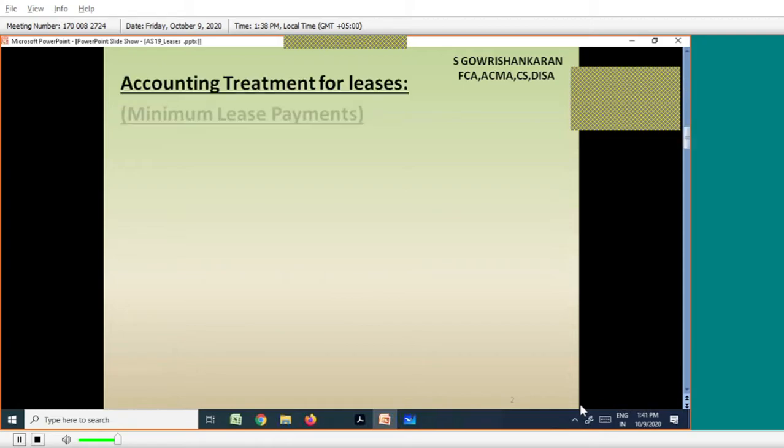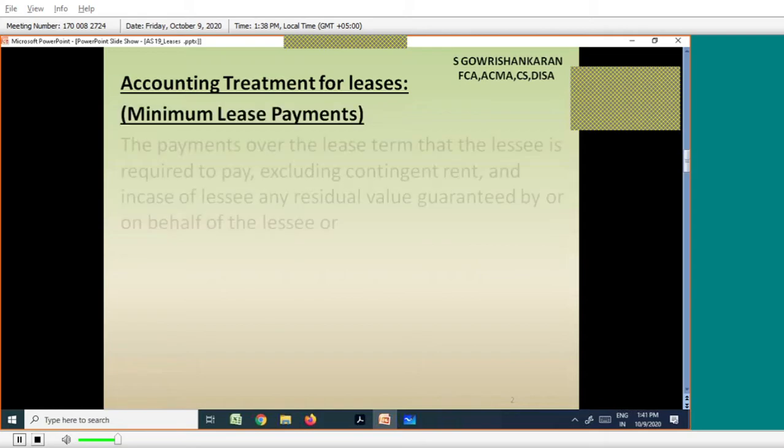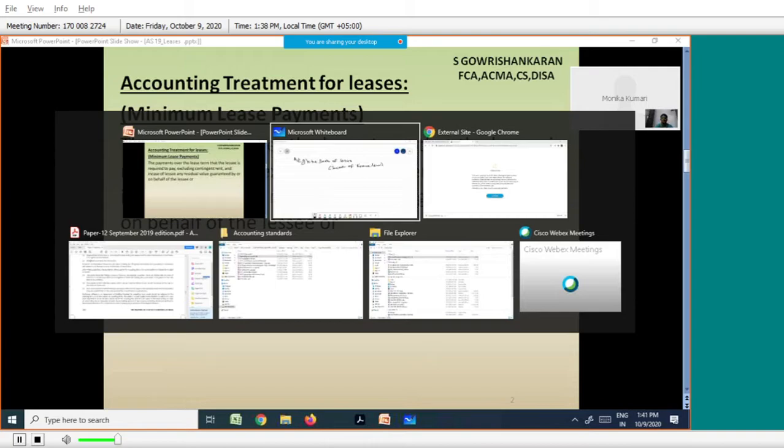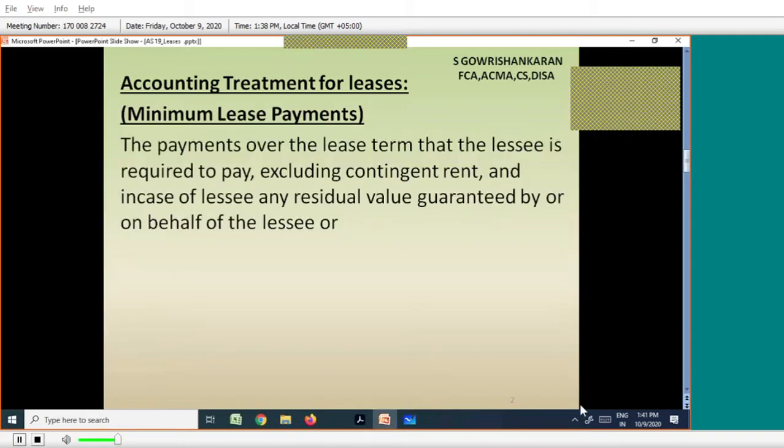So minimum lease payment, that is what we discussed in previous class. Minimum lease payments in the books of lessee means whatever the lease amount paid by the lessee to lessor plus any guaranteed residual value.